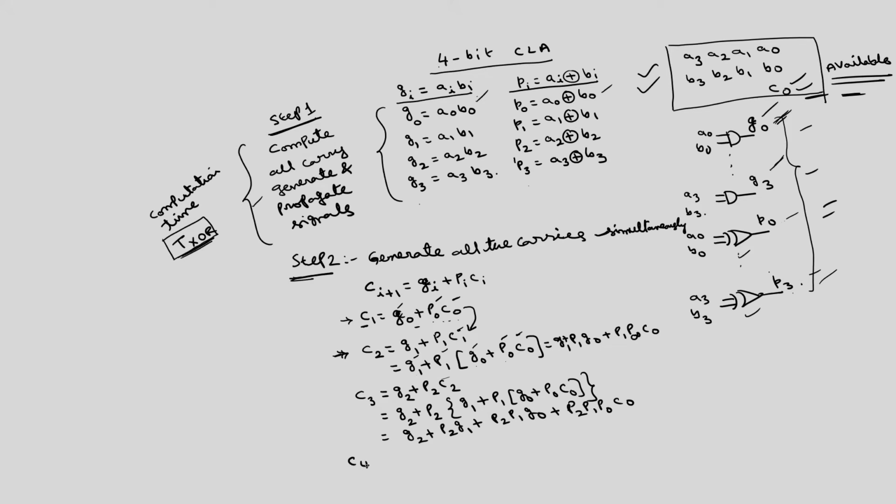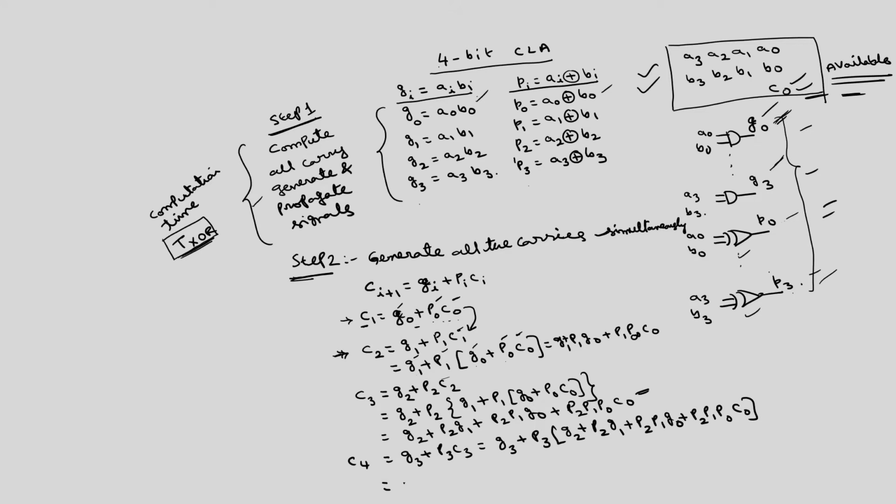Then finally, this C out, C4, is the last output. This is given by G3 plus P3 C3. C3 is from the previous expression, G2 plus P2 G1 plus P2 P1 G naught plus P2 P1 P naught C naught.